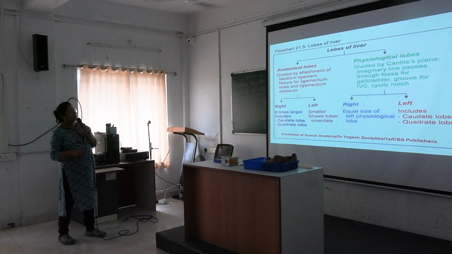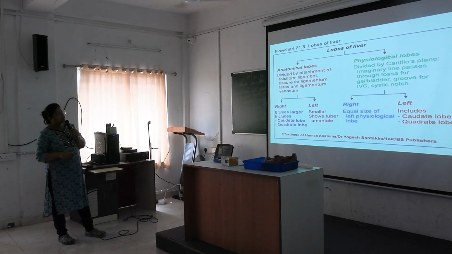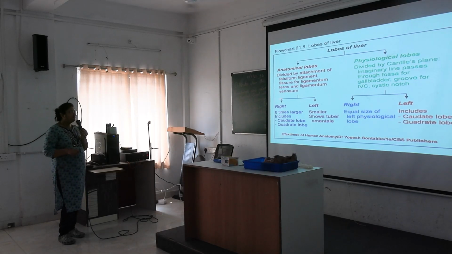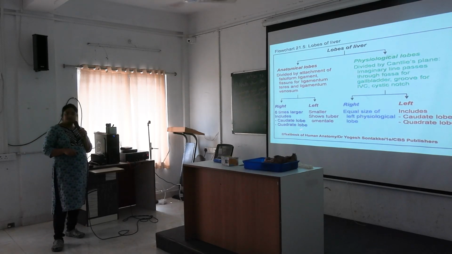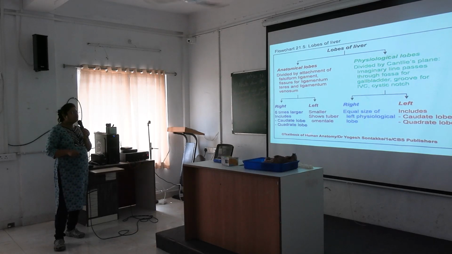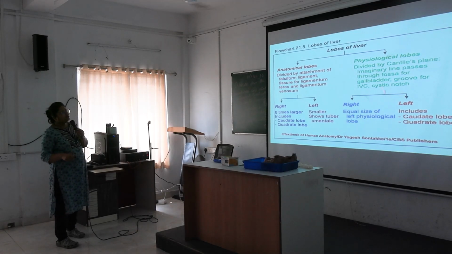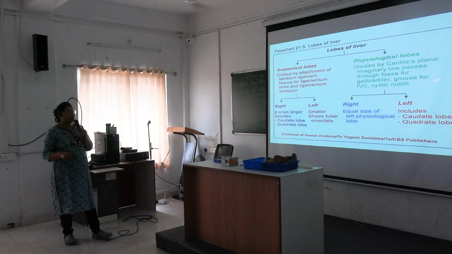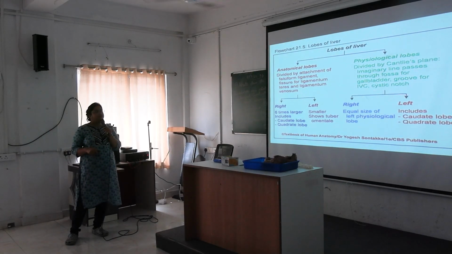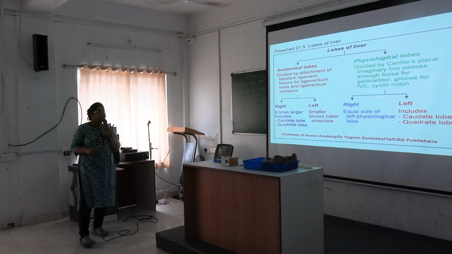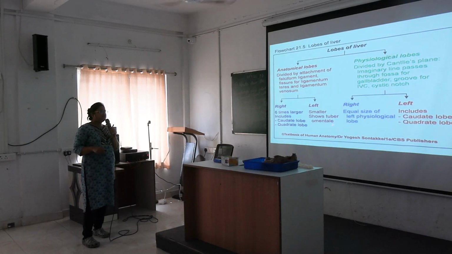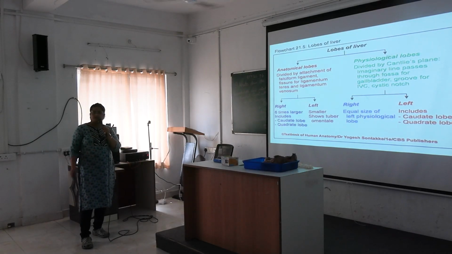Here the right lobe is 6 times larger and includes the caudate and quadrate lobe, and the left lobe is smaller and shows the tuber omentale. And the physiological lobes are divided by Cantlie's plane, an imaginary plane passing through the fossa for gallbladder, groove for IVC and cystic notch, and it divides the liver into right and left lobe. The right lobe is equal in size to the left physiological lobe, and the left lobe includes the caudate and quadrate lobe.